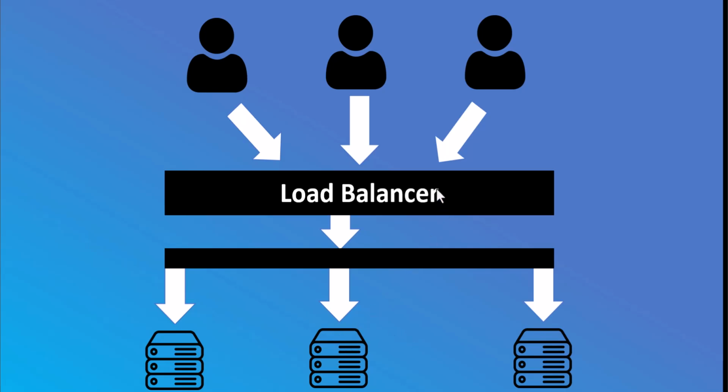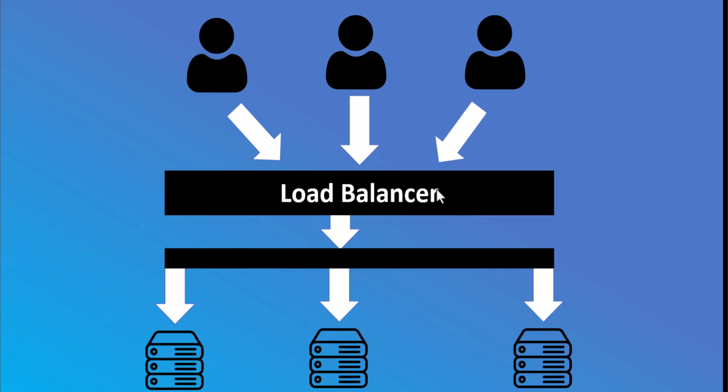For example, if somebody makes a request to one server and another person makes a request and it sees that that server is busy, it will redirect it to another server, making your website highly available. So your website will be available at any time. So that is what a load balancer does.